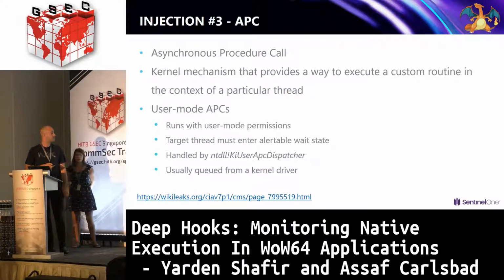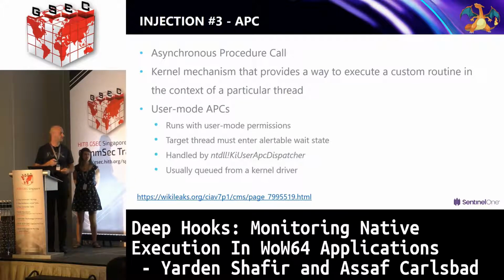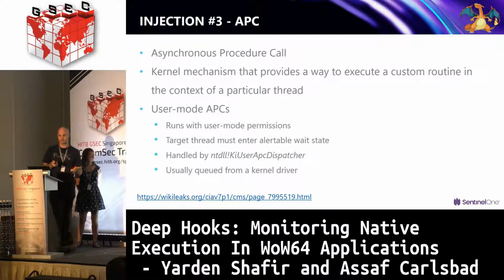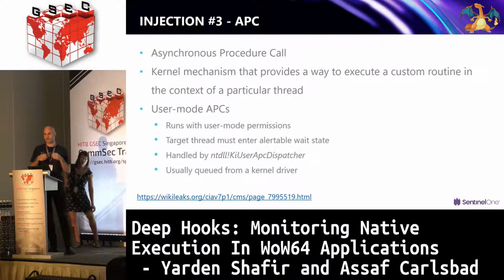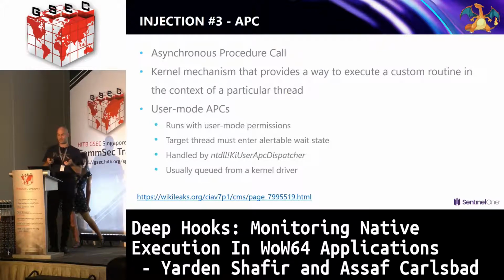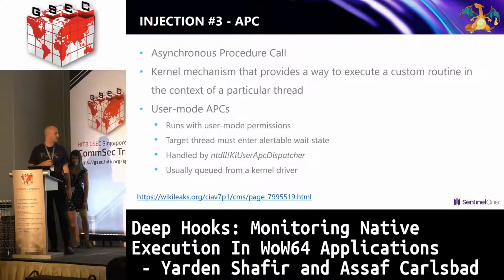In Windows, APCs come in several flavors. In the course of this talk, we're only going to describe one specific kind, which is called user mode APCs. User mode APCs have some distinct characteristics. First and foremost, the function that is about to be executed is going to run with user mode permissions, unlike kernel mode permissions. The second key characteristic is that in order for the APC to trigger or fire, the target thread must enter something called an alertable wait state.